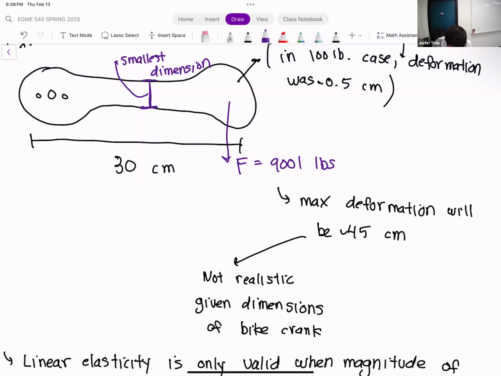Okay. Because this is one thing that ANSYS actually won't stop you from doing. It won't stop you from doing a large deformation simulation. You can apply a million pounds on this bike crank and ANSYS will be like, okay, no problem. So this is one thing you kind of have to look out for on your own. Make sure that you're really looking at your results to see if they make sense.